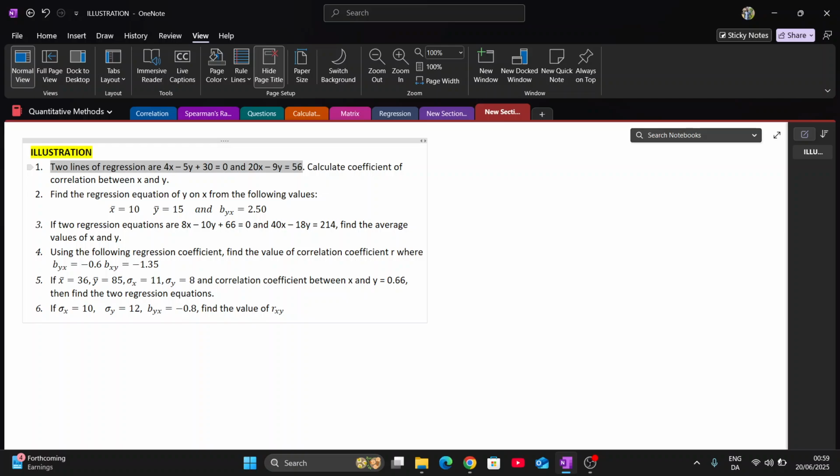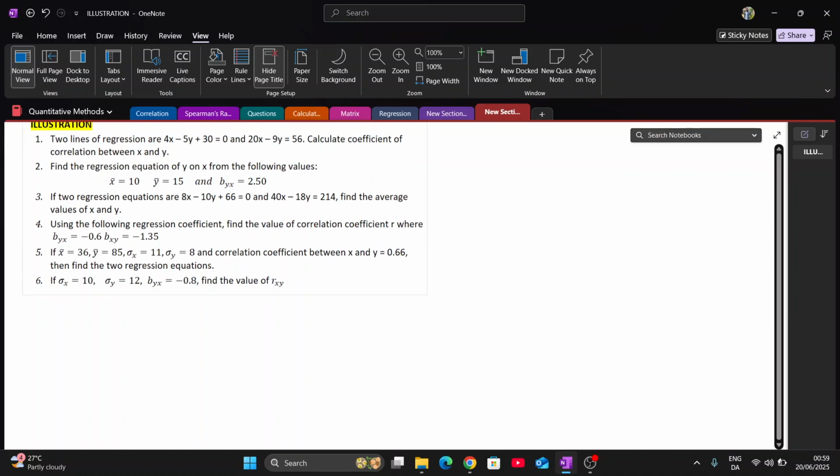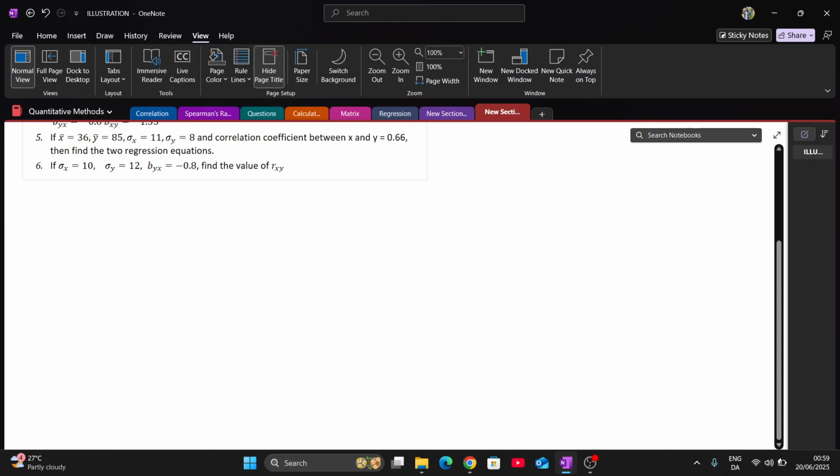Calculate the coefficient of correlation between x and y.